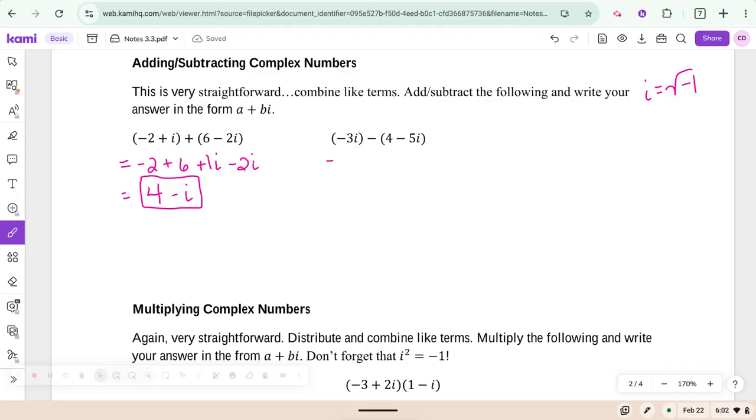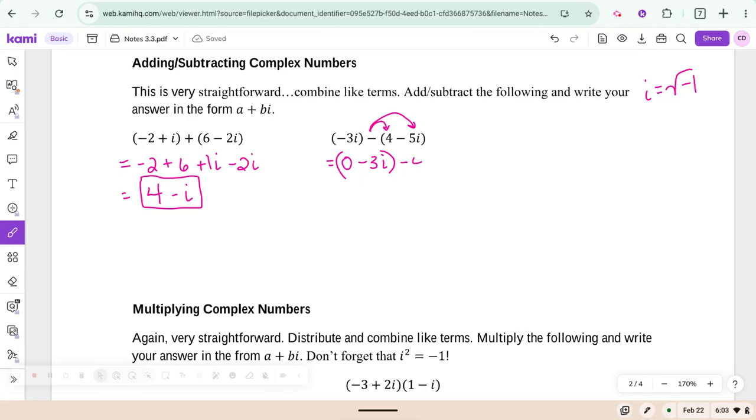In the next example, I have negative 3i, which has no real component. So it's like having 0 minus 3i. And then when I look at this second complex number that I'm subtracting, remember to subtract 4, but also to subtract negative 5i.